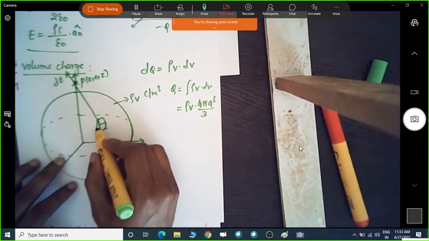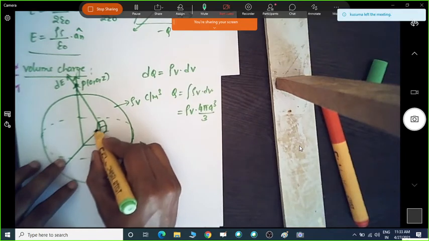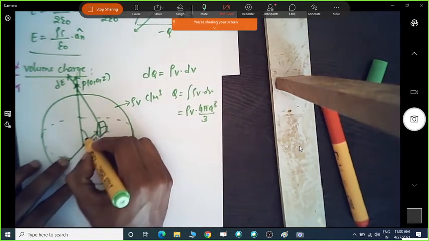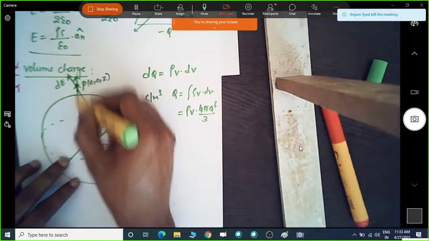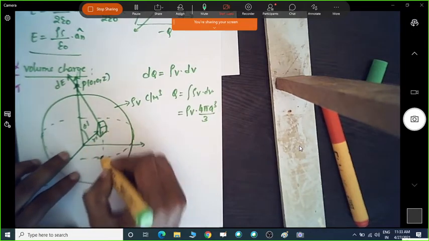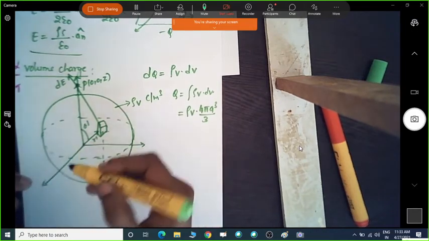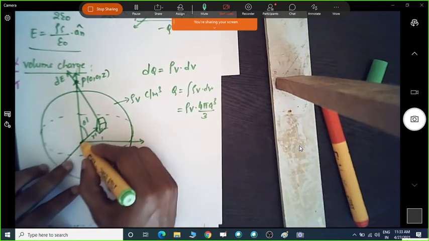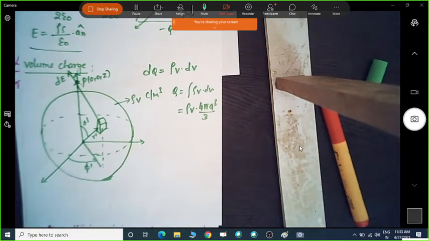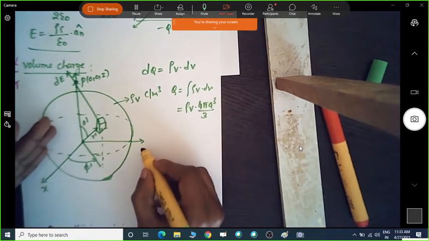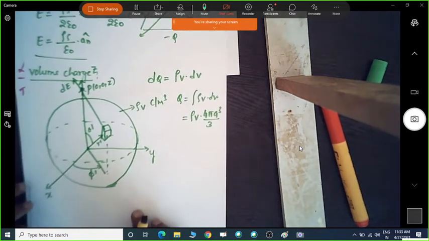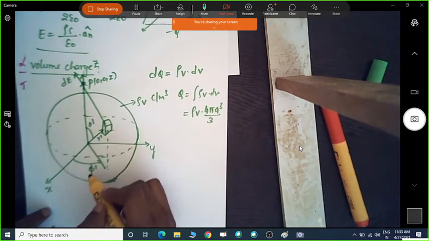This small elemental volume is at a distance of r dash from the origin, and theta dash is the angle from the z direction. With respect to the x axis, there is an angle phi dash. So we have x, y and z directions, and this is r dash, theta dash and phi dash.